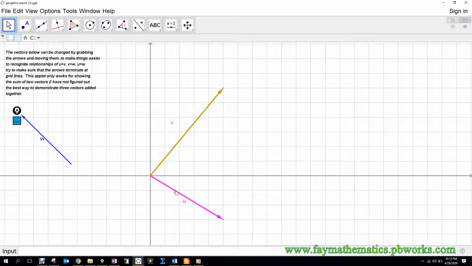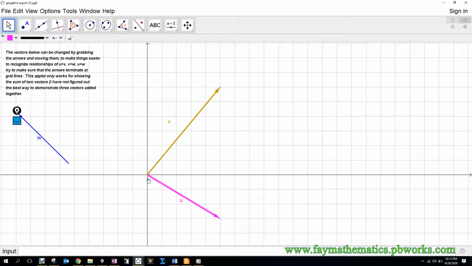What I want to do visually is, right now these two vectors are positioned so they're sharing initial points. So they are what we call tail to tail right now. But we can only add or subtract vectors when they're tip to tail.